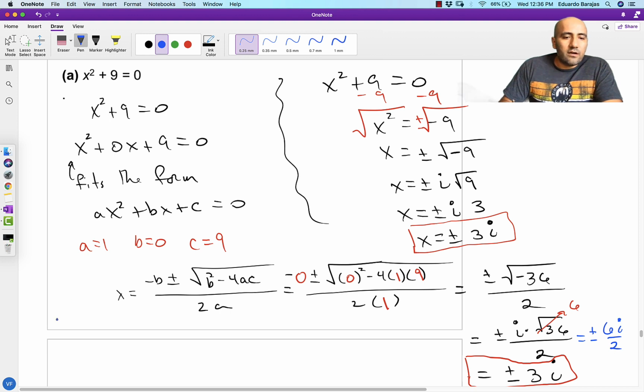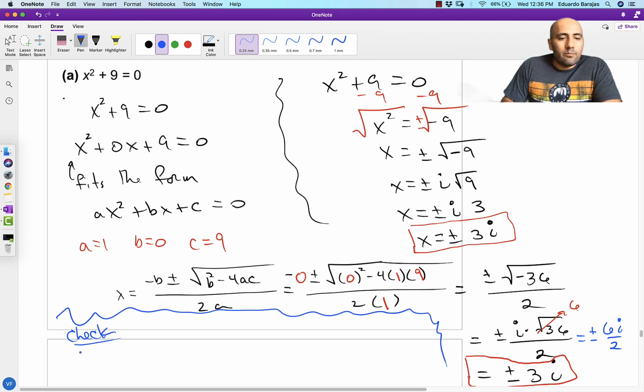Okay, so now let's check our work. Let's make sure that these are in fact good solutions. Check. So blank squared plus 9 must be 0. And so we think one of those answers is to put a 3i in here. 3i goes right in there.